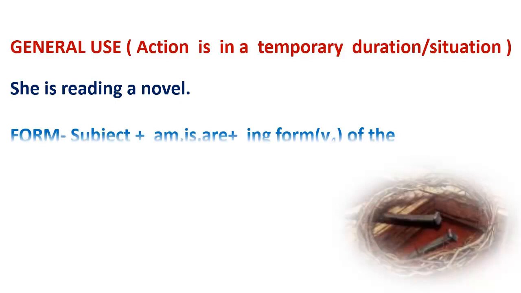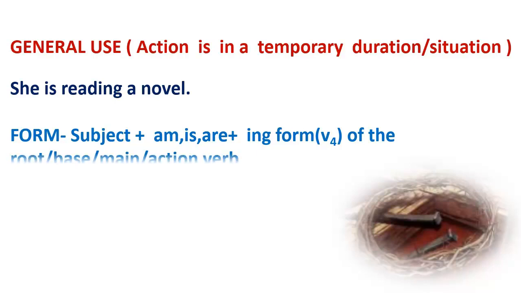What is the form? Subject plus is or are plus ing form, that is V4 form of the root verb or main verb or base verb or action verb. He is writing a letter. They are sleeping.